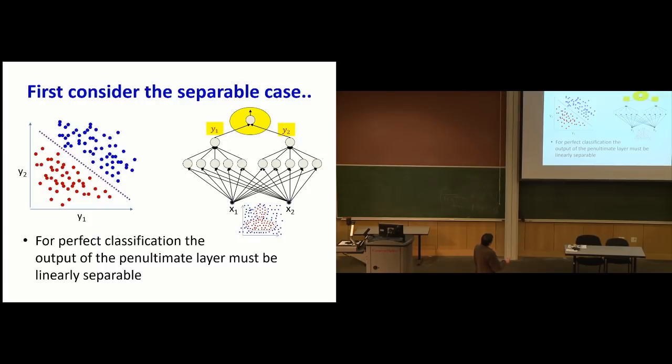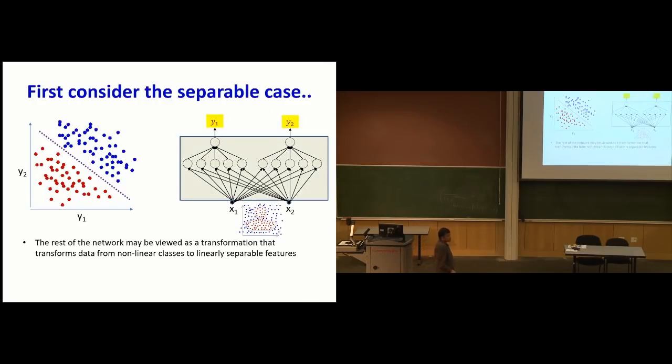What does this mean about the rest of the network? So for perfect classification, the output of the penultimate layer must be linearly separable, right? Because that is how perceptrons actually operate. That means the rest of this network has only one job in life. It takes this complicated looking input and somehow manipulates it such that the classes are linearly separable.